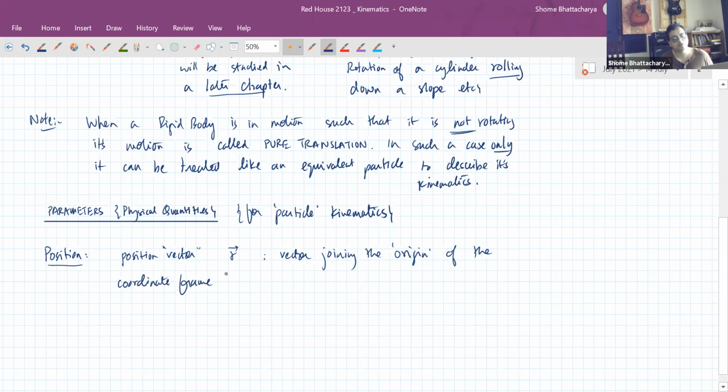You also call the coordinate frame the reference frame, because the motion is studied in reference to that frame.